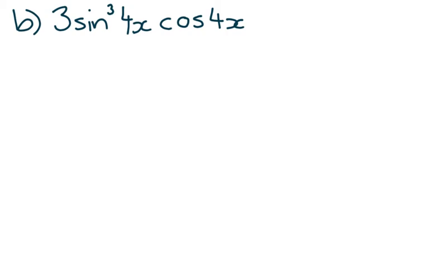We've got this one here. So this is 3 sine to the power of 3, 4x, cosine 4x. So we're looking at this first function here, and the derivative of sine 4x.